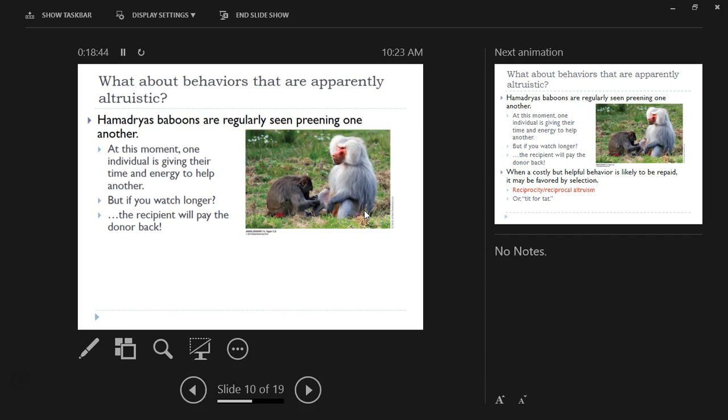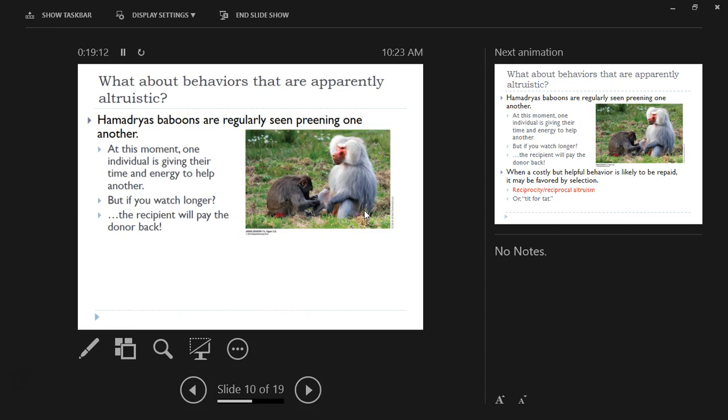You'll see individuals that have been groomed before go back to that same individual that previously groomed them, and they will groom that individual. So they'll kind of take turns grooming each other. This is sometimes described as a tit-for-tat relationship. I will groom you if you will later groom me. And so there's this kind of reciprocal exchange where right now I'm going to pay a cost, but later you're going to pay the same cost for me, and therefore I'll benefit from that.